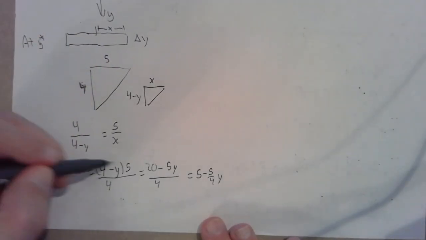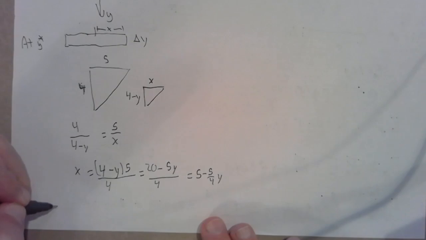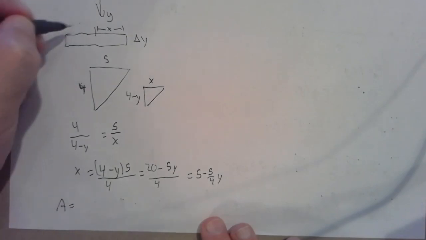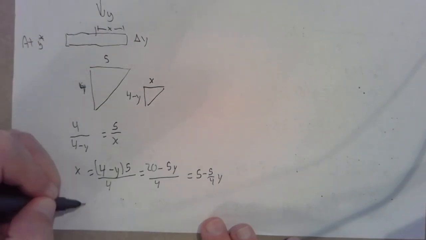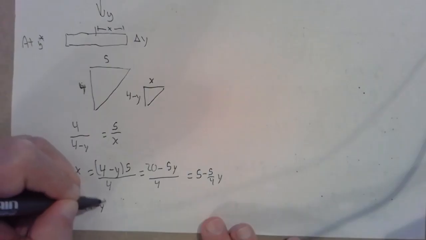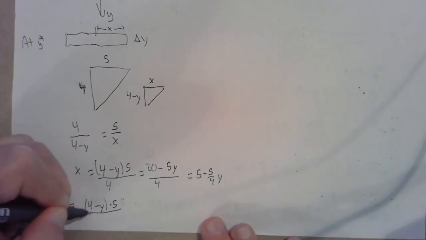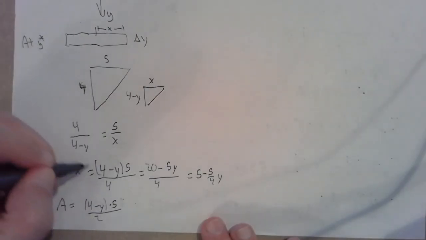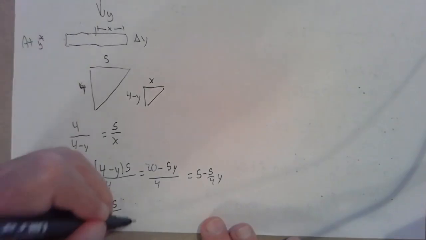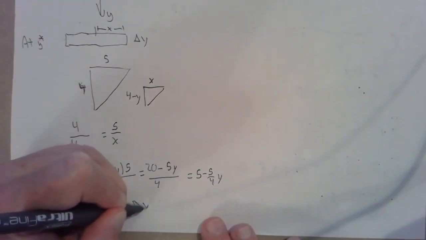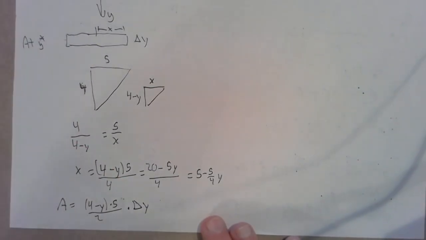That's why it's easier to leave it like this. So my area will be twice x, so that will be 4 minus y times 5 over 2. Instead of over 4, I've doubled x times delta y. That's the area of this little rectangle.